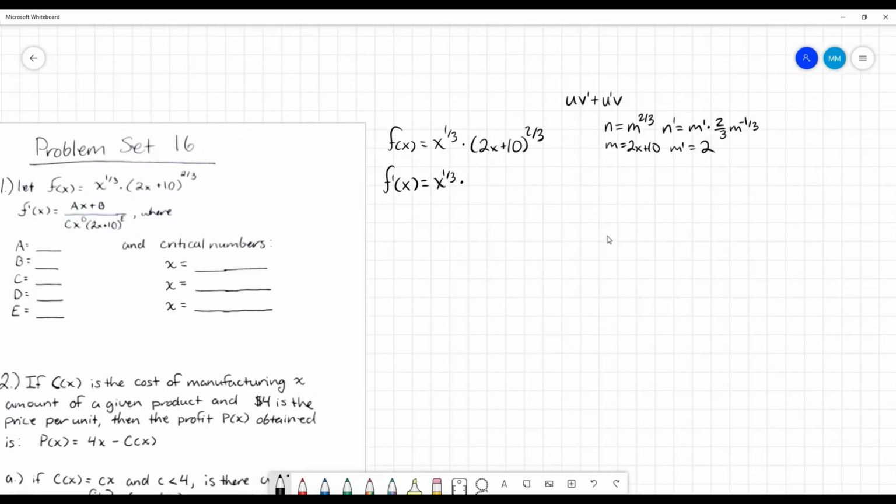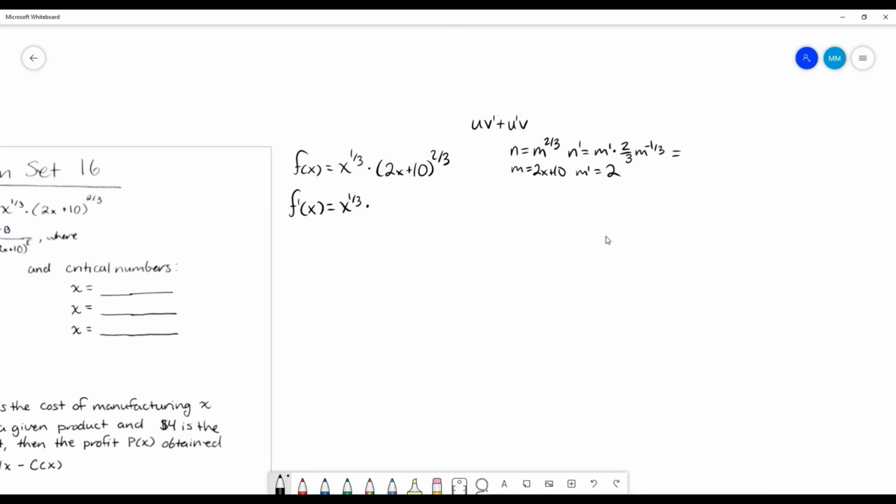So then what happens there is this is going to be 2, right, times 2/3 times m to the negative 1/3. So I can actually just put that on the bottom of this fraction here to get rid of that negative. So now it's just 4 over 3 this.